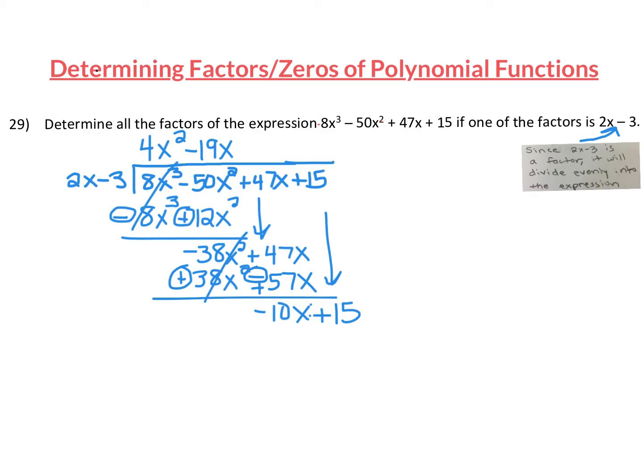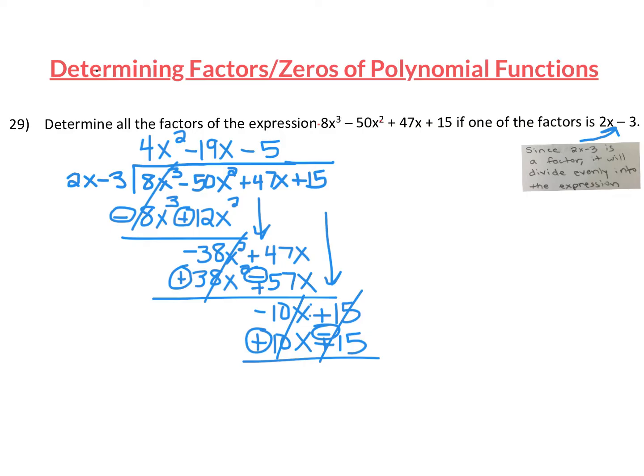So we're going to put that up here, and when we distribute, negative 5 times 2x is negative 10x, and negative 5 times negative 3 is positive 15. And then to show we're subtracting, we're going to change our sign and circle, change our sign and circle. And look at that, everything cancels. So we know we divided properly because we wound up with no remainder.